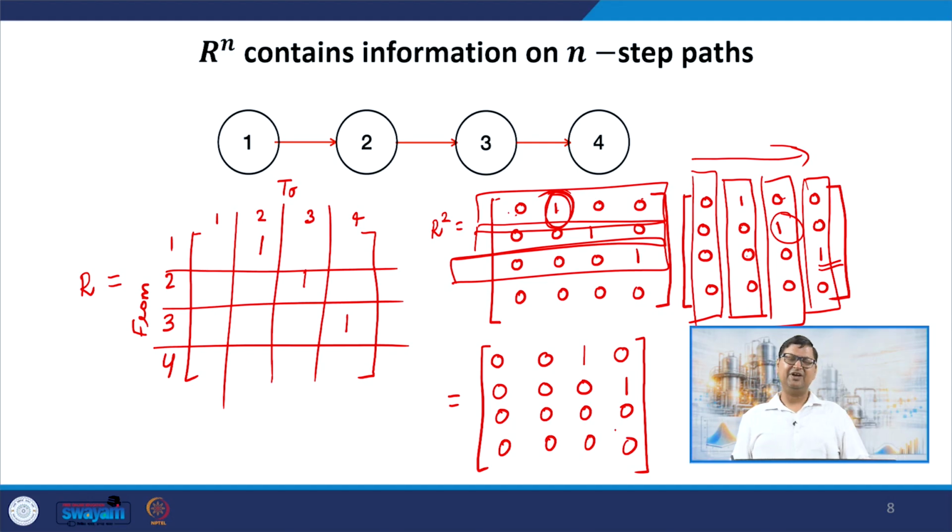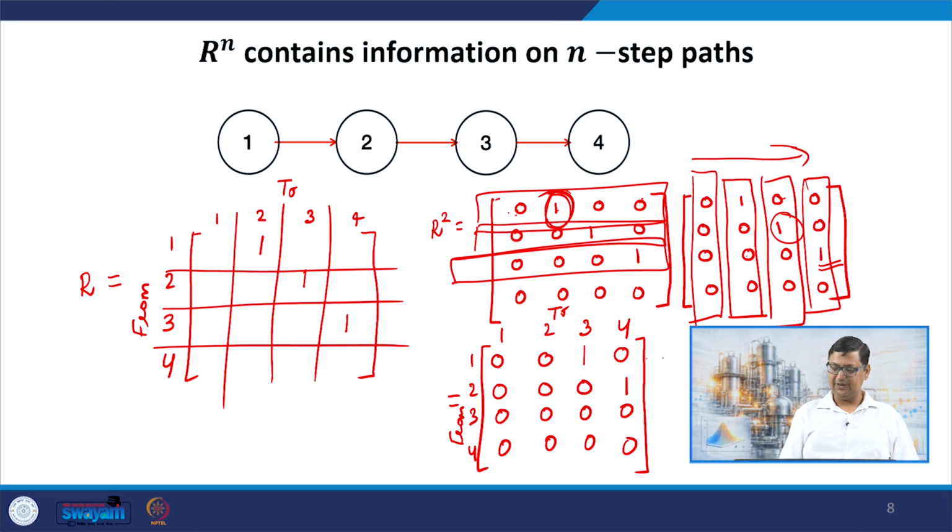And now you see if I do the labeling again, so this is my from 1, 2, 3, 4, and this is my to 1, 2, 3, 4. What do we get from here? Let me list all the elements which are non-zero.